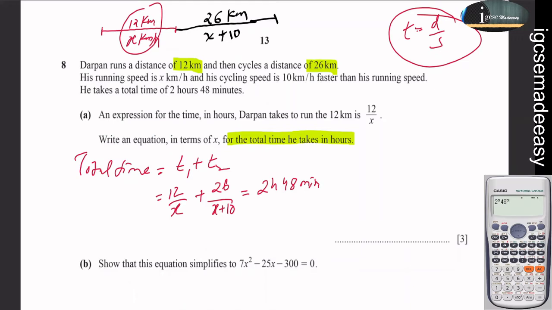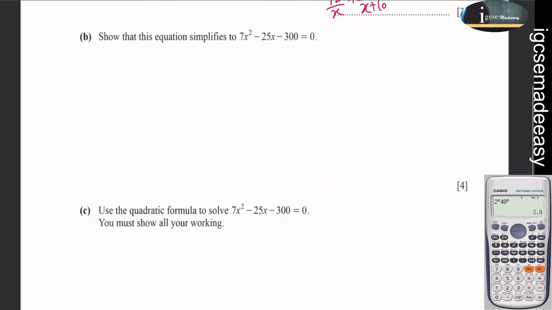So now this becomes 2 hours 48 minutes, right? Now press the equal to sign. You will get 2 hours 48 minutes and 0 seconds here. Now you have to press ST. If you press that, you will get a rational number, then press again, you will get the decimal. So 2 hours and 48 minutes can be written as 2.8, right? So this is the expression that we have to express: 12 by x plus 26 by x plus 10 equals 2.8 will be our final answer.